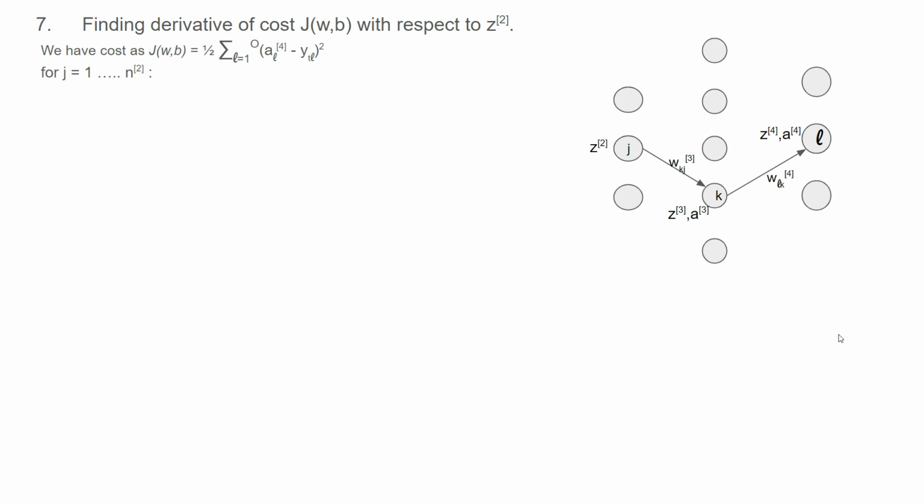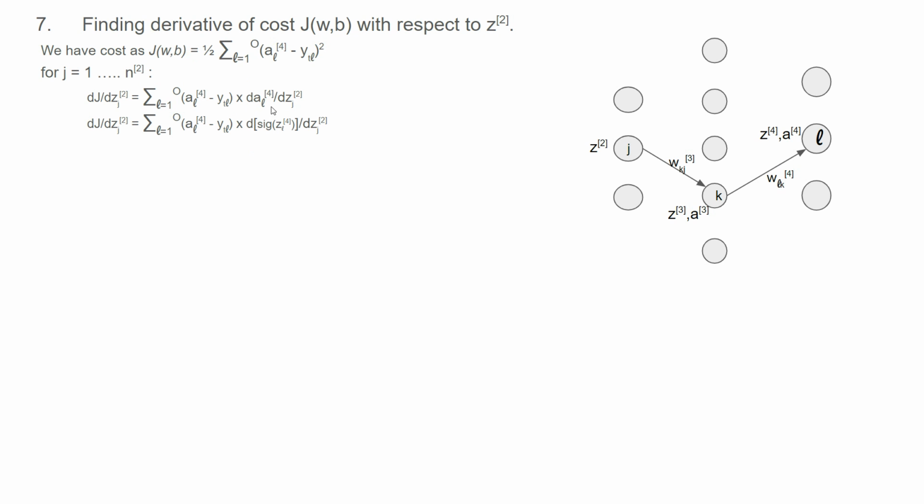For j equals 1 to n2, we are differentiating our cost function with respect to each element in this layer, and after applying the chain rule, this square will be cancelled out by this one half, and this into da_L4 by dz2 will be the rest of the term.